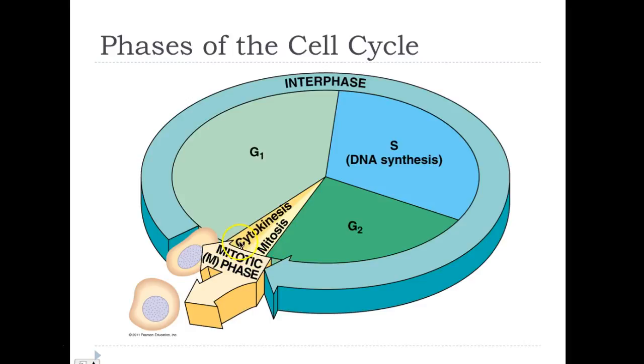The M phase is where cell division takes place, and it includes two stages. There is the mitotic stage, mitosis, which is division of the nucleus. And then the next phase is cytokinesis, which is division of everything else in the cell.